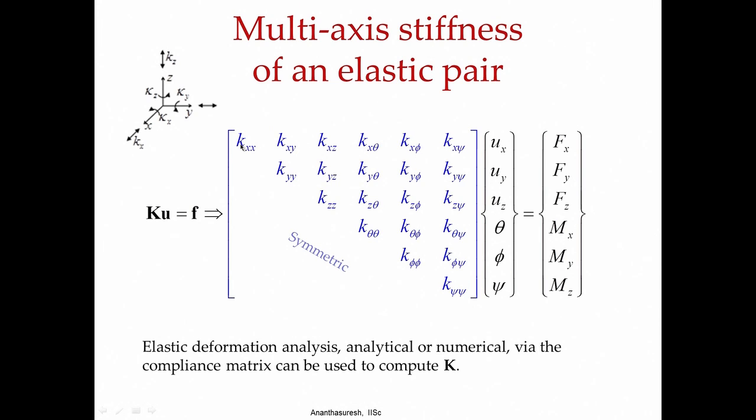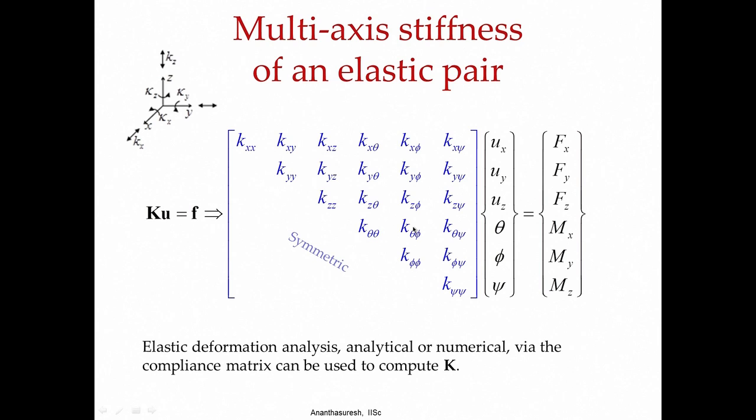Since it is stiffness, if it is, let us say, a translational pair, a sliding pair along the x axis, then kxx will be 0 and all these other things will be infinite, because there is high stiffness or resistance about them. Likewise, if it is the rotational one, k theta will be 0, all others will be infinite.